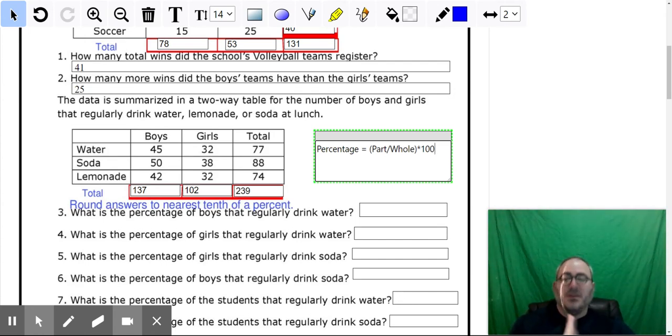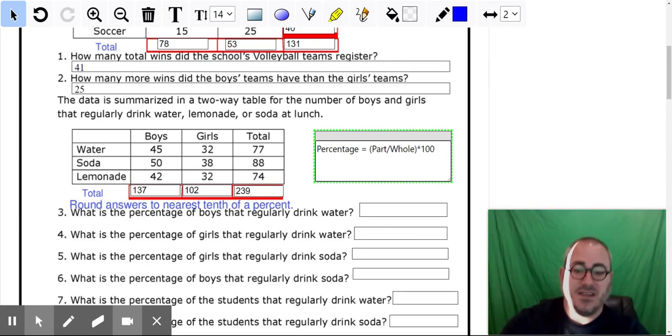Why times 100? We times it by 100 because if we just do part divided by whole, we'll get a decimal percentage out of 1, and then we would need to multiply that percentage by 100 to find out what the percentage is in a real number. So let me give you an example.